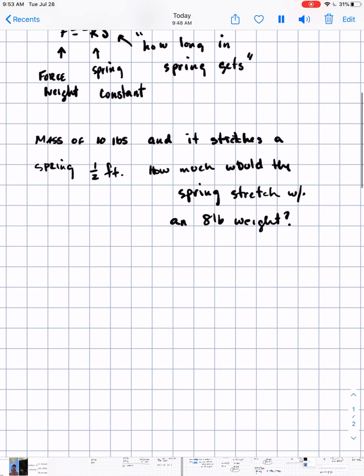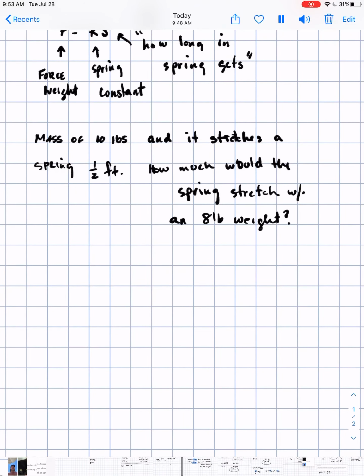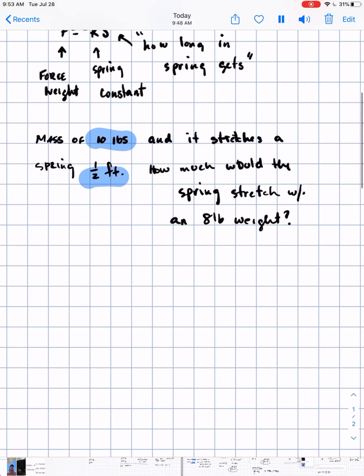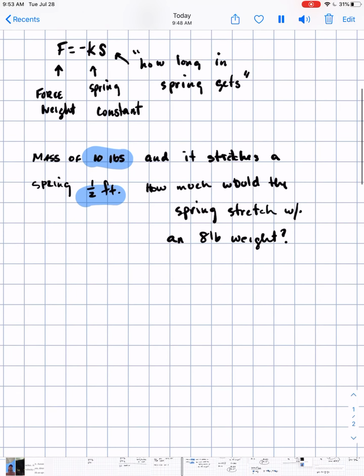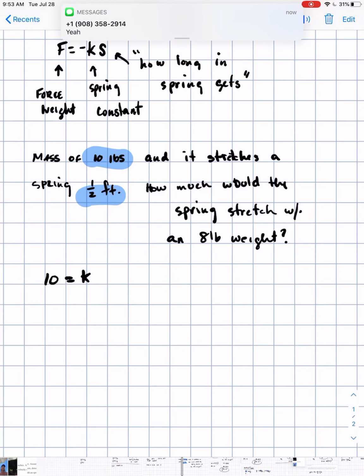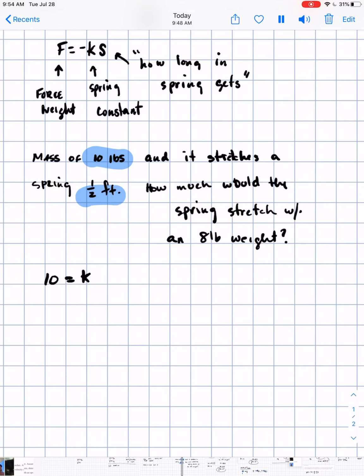Okay, so if you have something like this, we want to know, okay, your 10 pounds is going to be your force, right, because that's what's making the spring stretch, and it's going to equal some constant. And usually you do an absolute value. Don't worry so much about the negative. The negative's there because it is counteracting, okay?